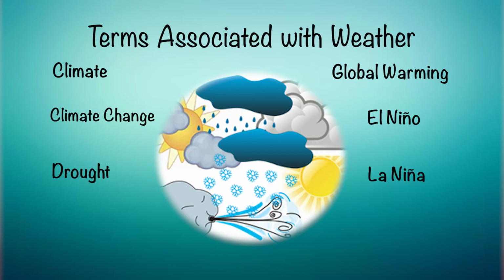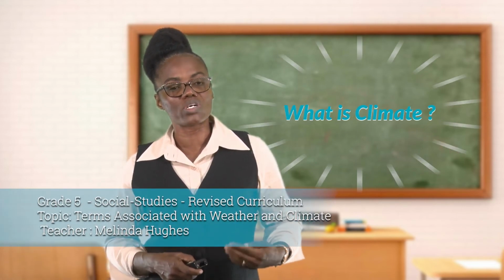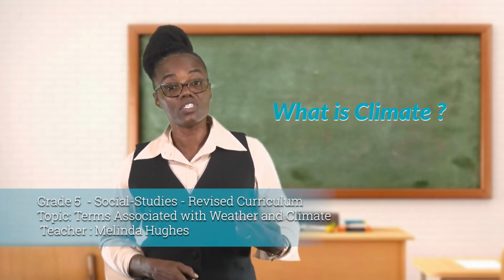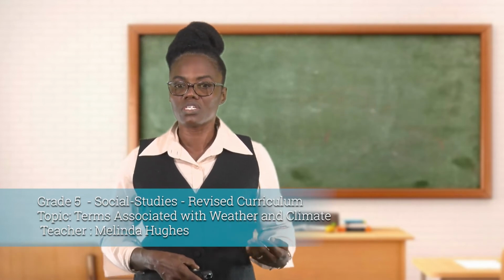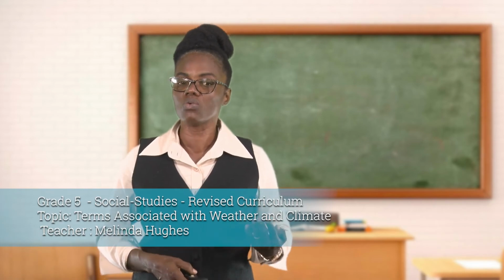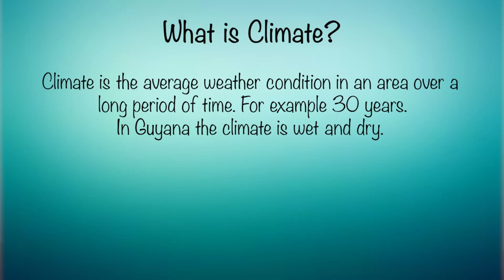La Niña. So, boys and girls, those are some of the terms that are associated with weather that we will examine. But before we do, let us recap what is climate, since these terms are associated with weather and climate, but more specifically weather. What is climate?